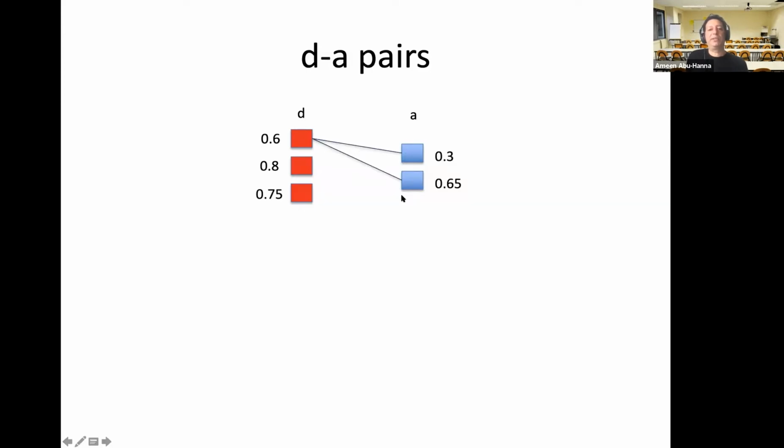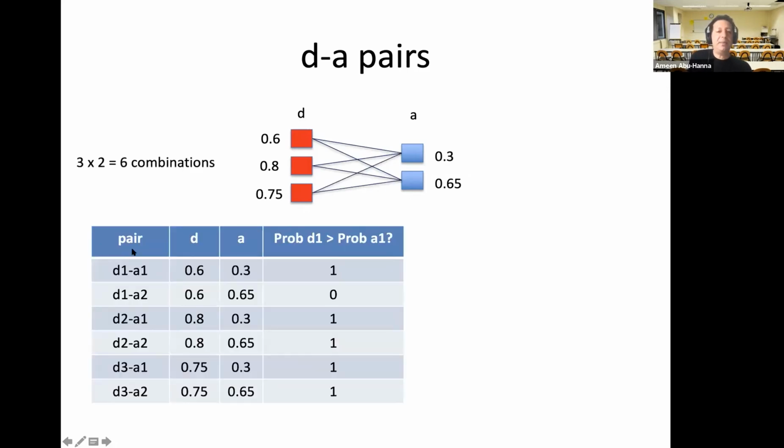I compare them with these 2, this one with these 2, and this one with these 2. So I have 6 combinations. And now we're going to make a table for all the combinations. I'm going to take the pair. So the first patient who died with the first patient who lived, it was 0.6 versus 0.3. And the only question I ask here is whether the person who died had a higher probability.